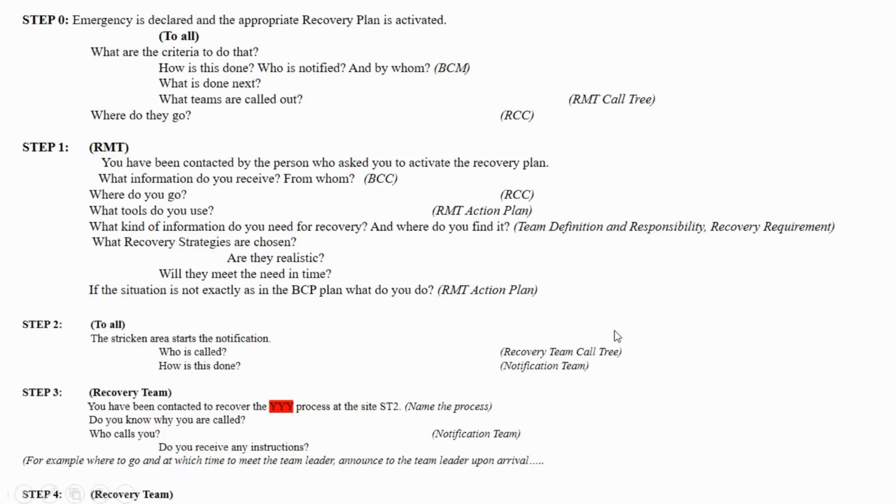And I put some hints for the teams as well, in the step by step and some hints. This is not the 10th exercise. This is actually the second or third exercise.